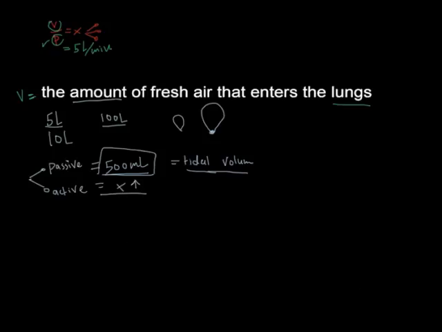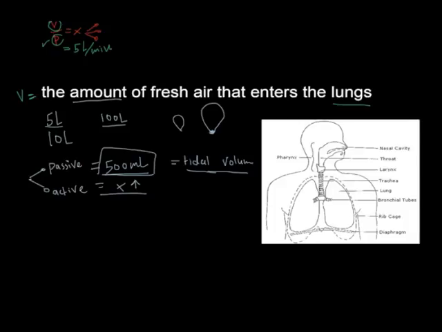I want you to see this picture. This picture shows your respiratory system, and the definition says that V is the amount of air in your lungs. So imagine with me that you're taking your breath, and air is entering through your nasal cavity, through your pharynx, then larynx, and then your trachea, and it's taking all this long way until finally it reaches your lungs.